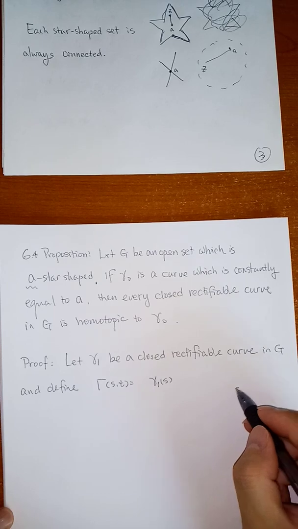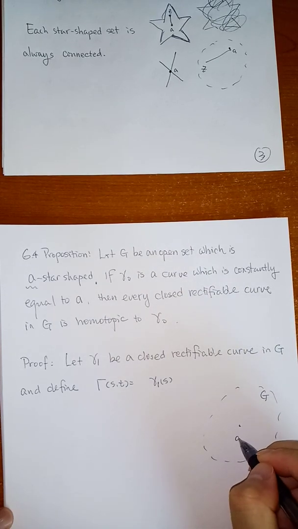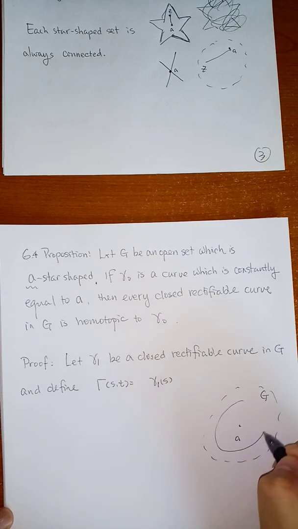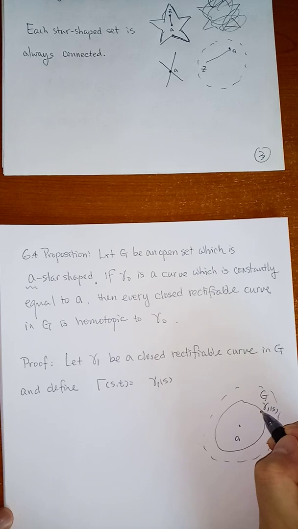So okay, let's just use a convex set to demonstrate the G. A is here. This is gamma 1. This is gamma 1(s).